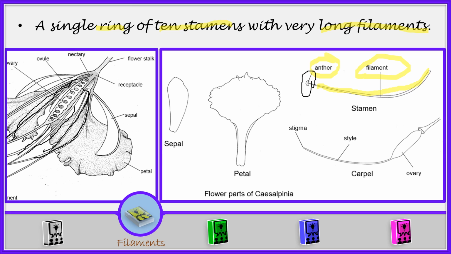They are attached at the base of the petals and they form a ring inside the flower with 10 stamens with long filaments.